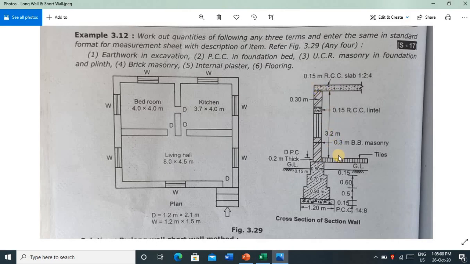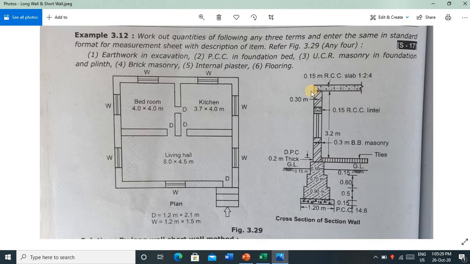Okay, and the DPC is given as 0.2 meter thick. Tiles are generally of 1 centimeter, so if we add this thickness of tiles to this 3.2, the total height comes as 3.3.